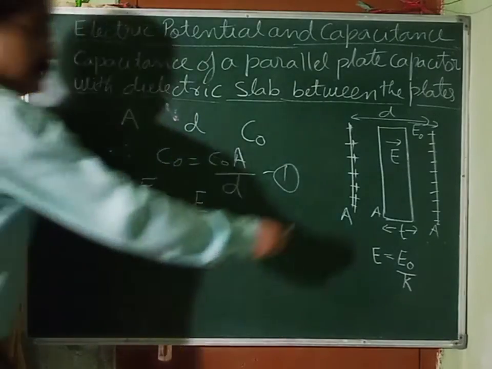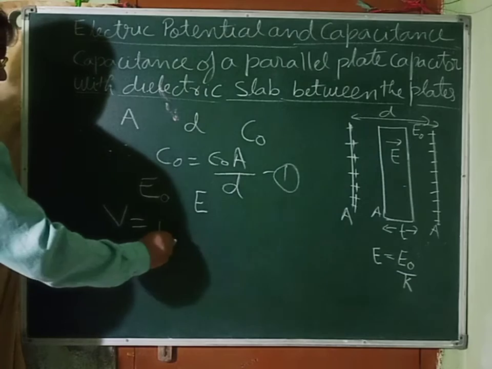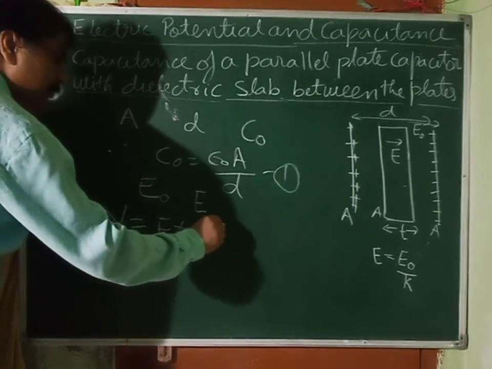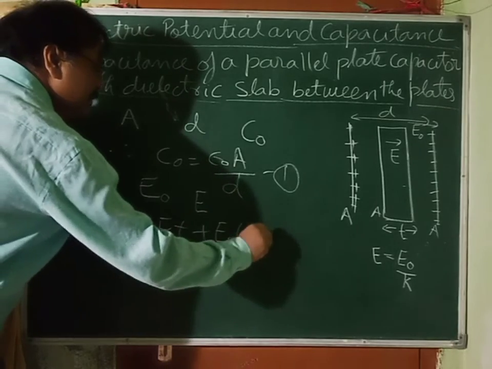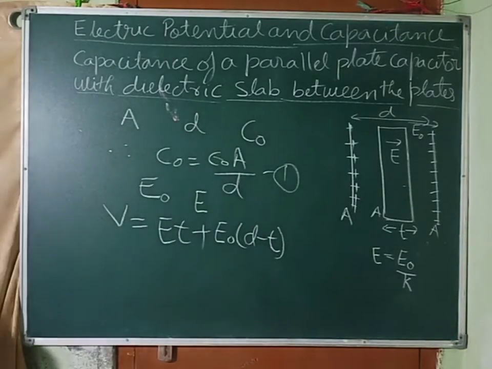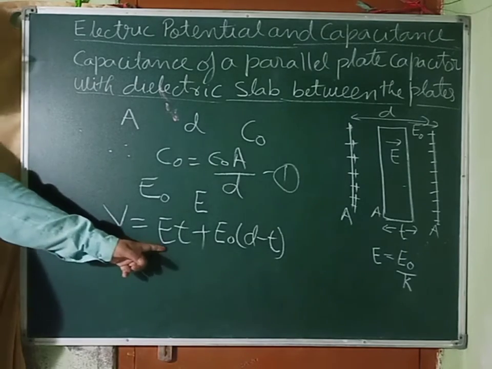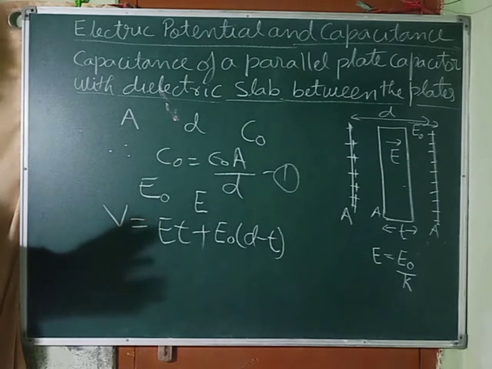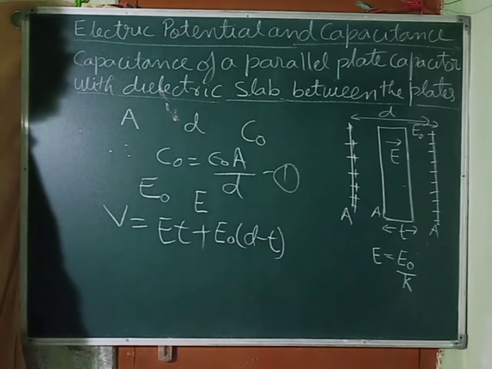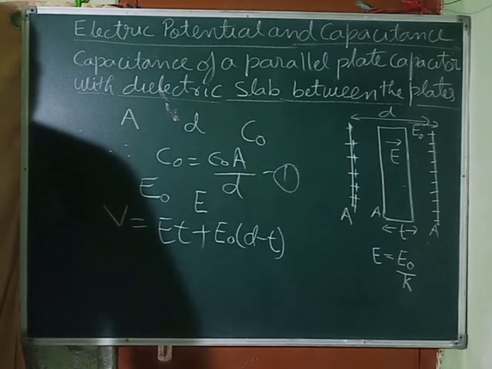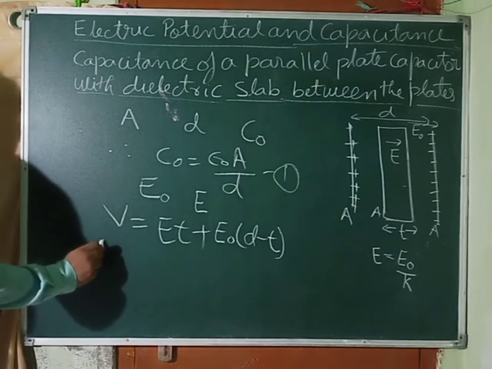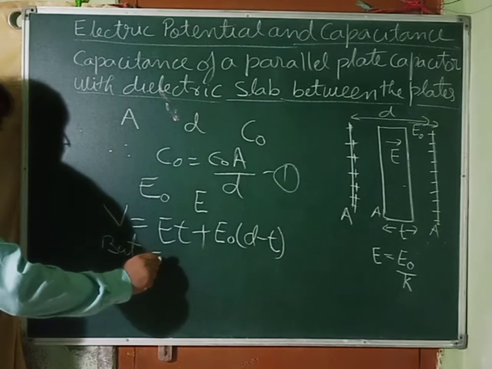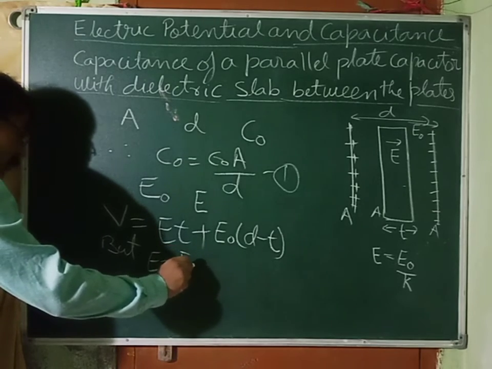So we can write E into t plus E naught into (d minus t). That is the total potential difference, contributed by the potential difference inside the slab and outside the slab. But what we know, E is equal to E naught by K.